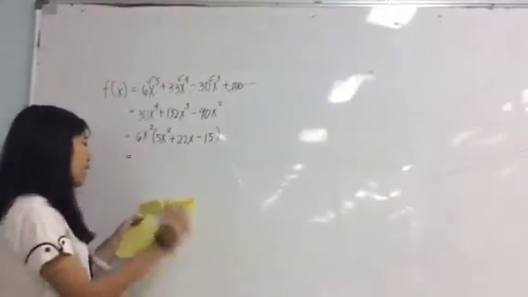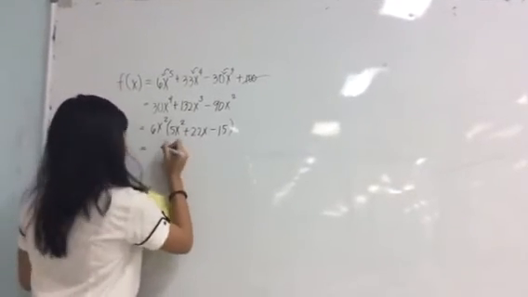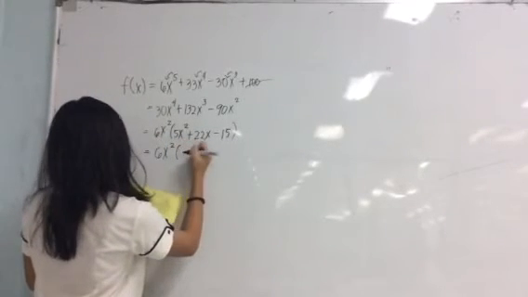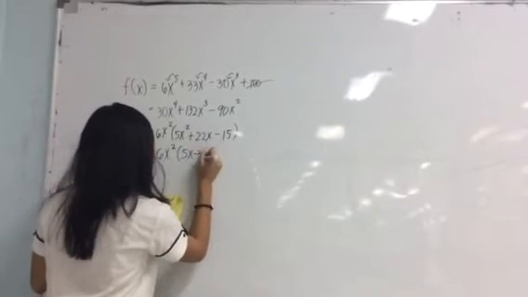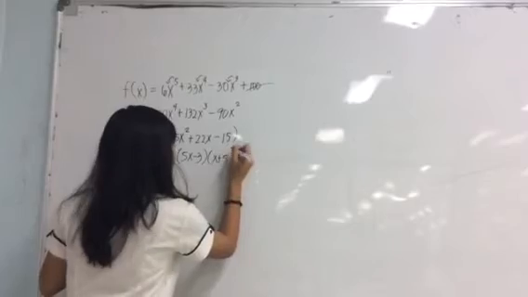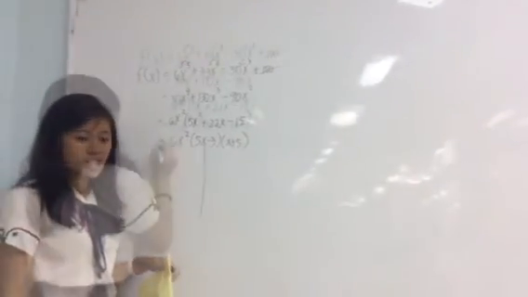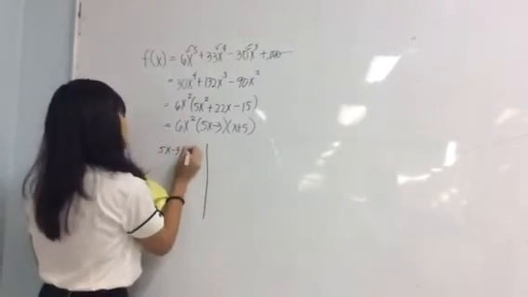Next, we have to factor out the given function. Okay. So 6x squared, and then 5x minus 3 times x plus 5. And this is the factor of our given function. 5x minus 3 equals 0.